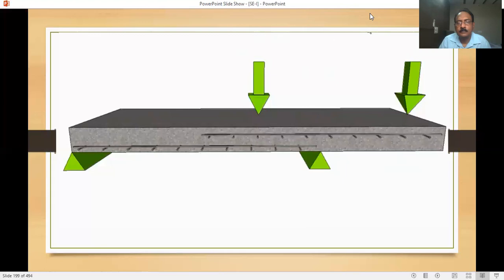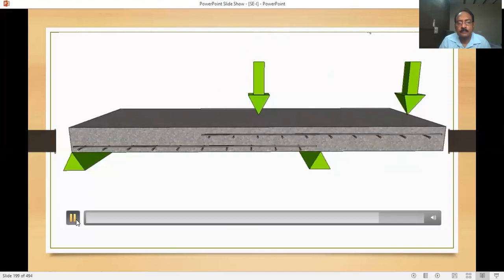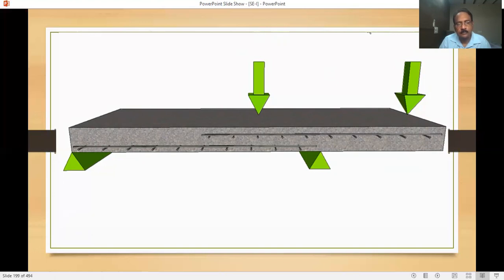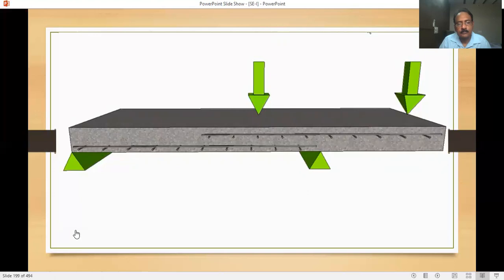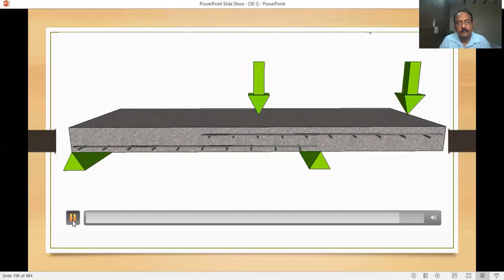This is where our structural engineers can advise us where to place our steel and what size it needs to be. Hopefully that shows you the relationship between the concrete and the reinforcement in a reinforced concrete member, and that we are using the best properties of both materials to form a highly efficient member.